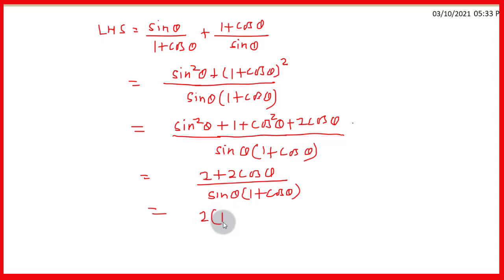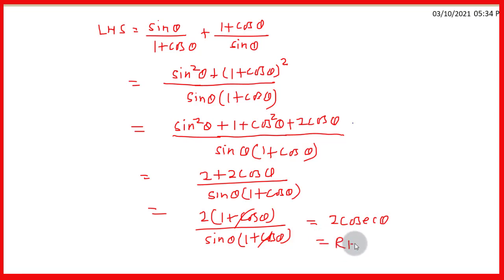We will get 2 into bracket 1 plus cos theta upon sin theta into bracket 1 plus cos theta. So here 1 plus cos theta will get cancelled and you will get 2 upon sin theta, that is 2 cosec theta, and that is equal to RHS. And here we have proved that sin theta upon 1 plus cos theta plus 1 plus cos theta upon sin theta is equal to 2 cosec theta.